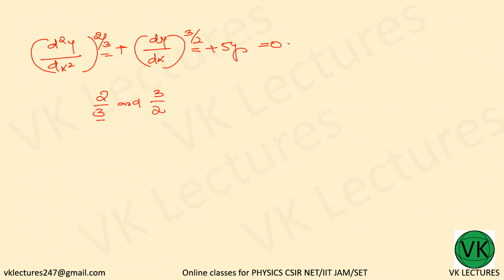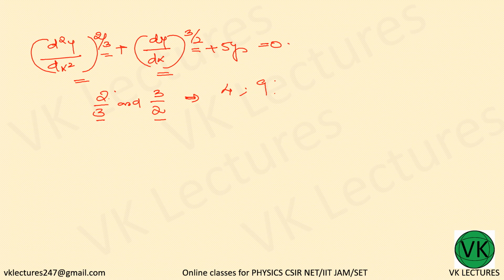Now we need to multiply so that both become integral. So 2 by 3, when you multiply by 6, becomes 4, and the first term will have the power 4. 3 by 2 into 6, that is 18 by 2, that is 9.